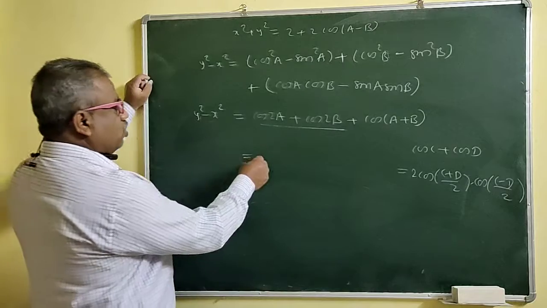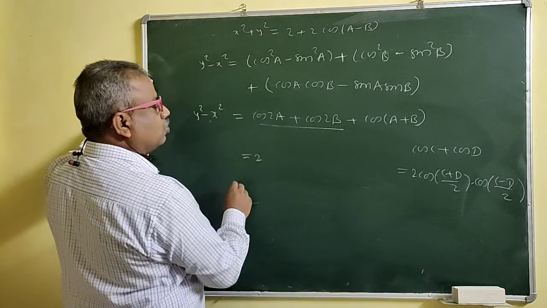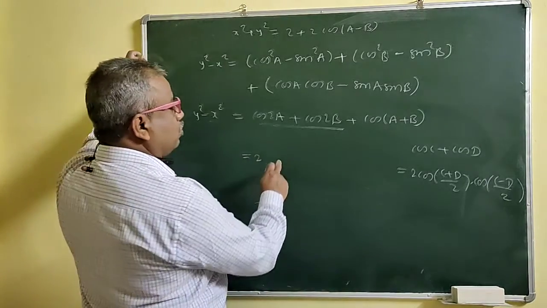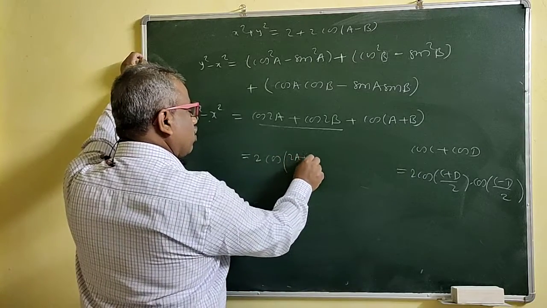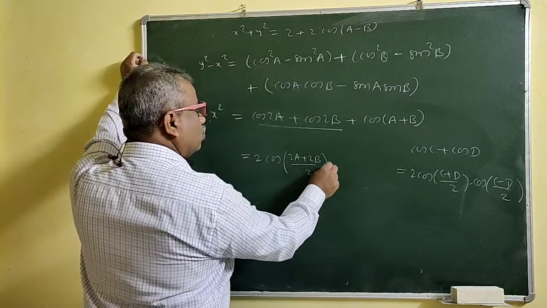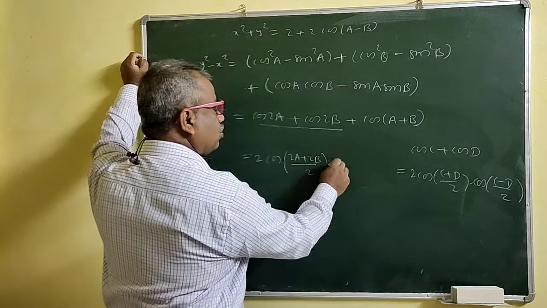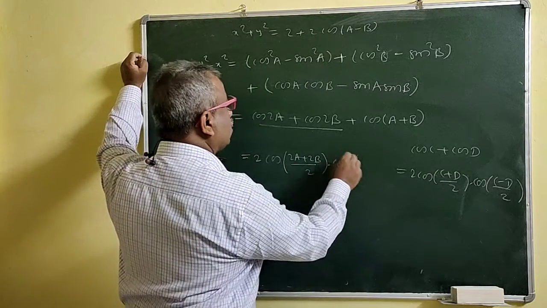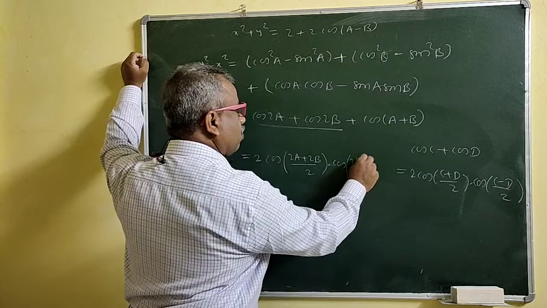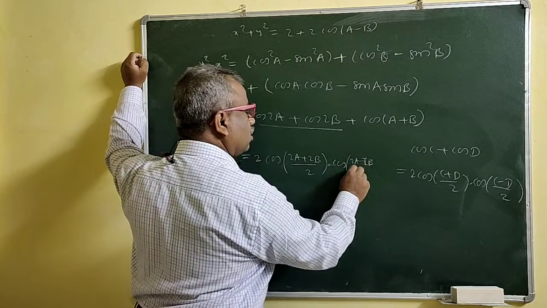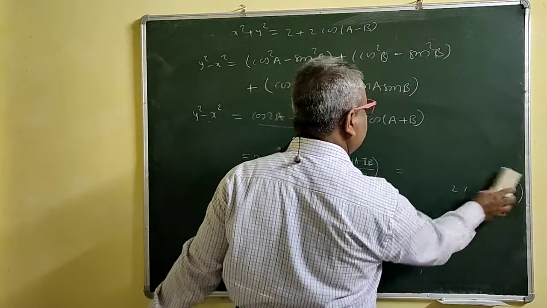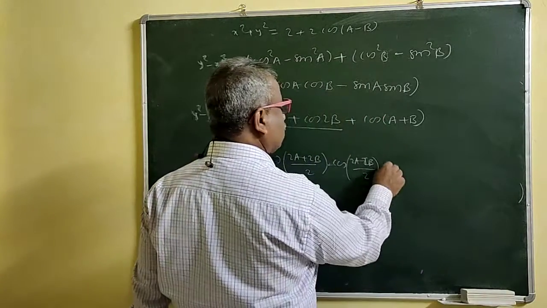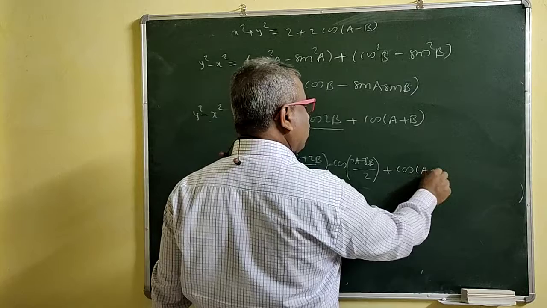So we'll do this. Then 2 cos of (C plus D) by 2, so (2A plus 2B) upon 2, into cos of (C minus D) by 2, that is (2A minus 2B) upon 2. So plus cos of (A plus B).